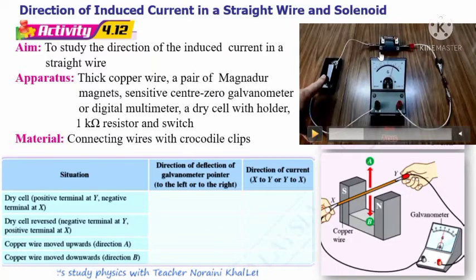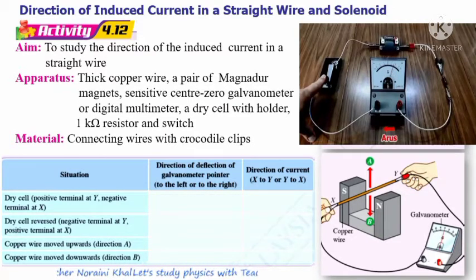In the battery, it is from X to Y. When it is X to Y in the battery, you can see the deflection is to the right. So for the first part, the direction of deflection of the galvanometer pointer is to the right. Direction of current in the battery is X to Y.